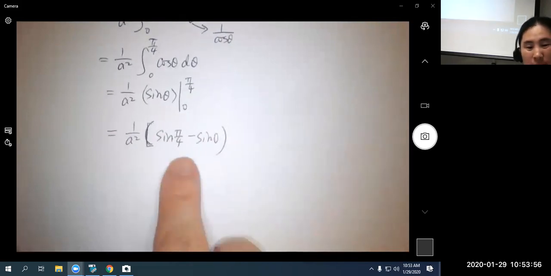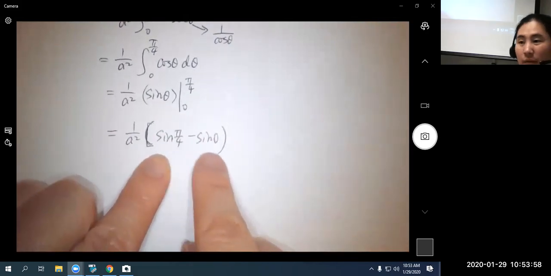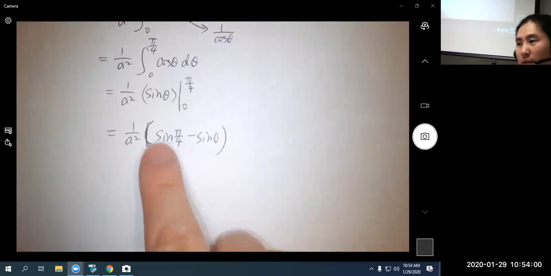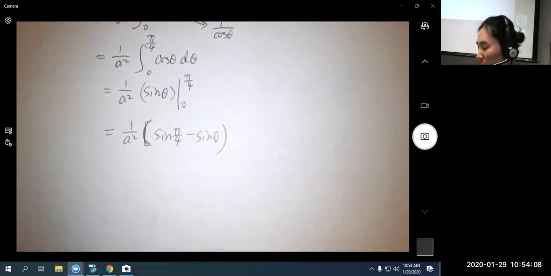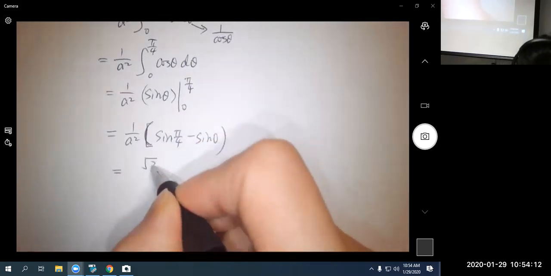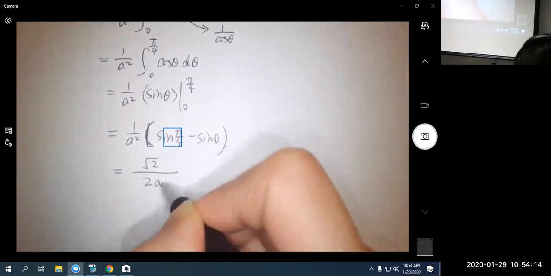Sin of pi over 4 minus sin of 0. We don't need a bracket, a parenthesis should be enough. Eventually, how about you tell me the answer? Sin of pi over 4 equals square root of 2 over 2. Yeah, and then times 1 over a squared. The answer is going to be square root of 2 over 2 times a squared.